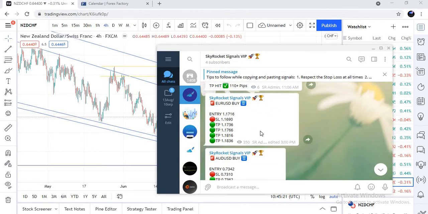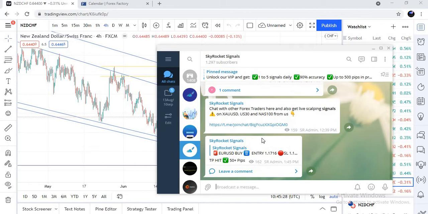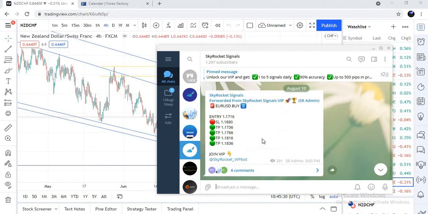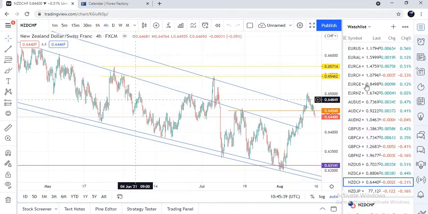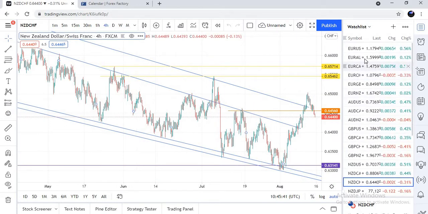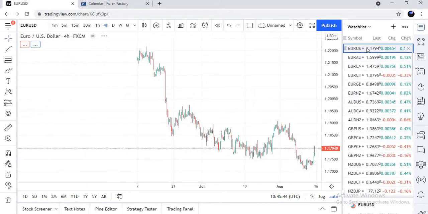This is the first signal that we dropped for last week, and we forwarded this signal to the free signal group. So let's just look at how we analyzed the EURUSD and how far it has gone. So this is TradingView, and most of our charts are already marked up.